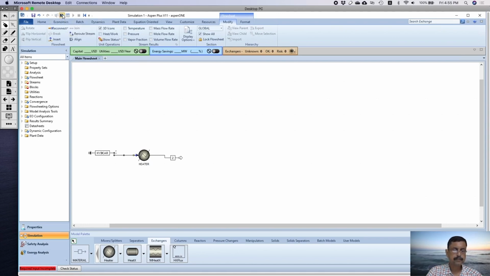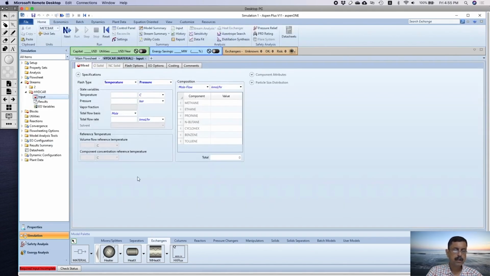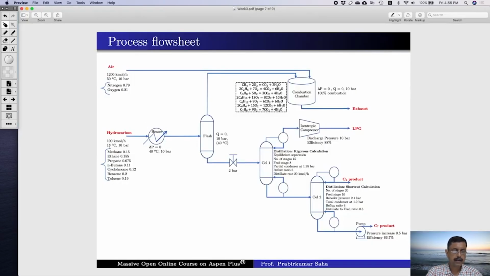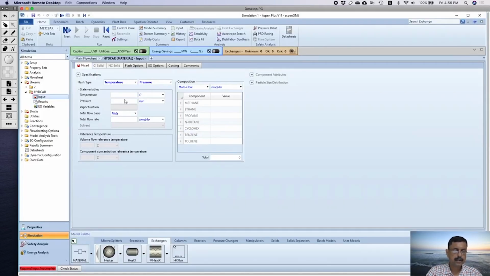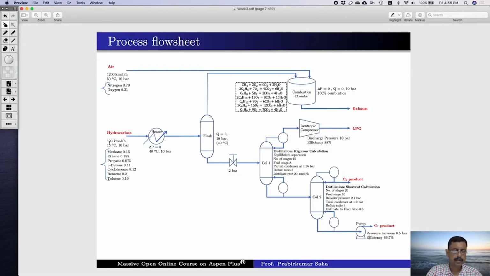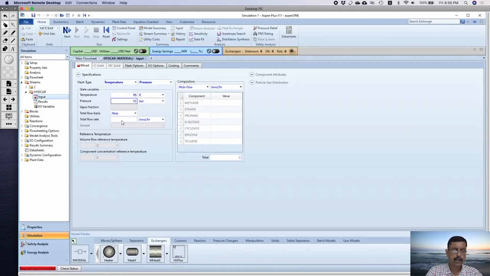So for this hydrocarbon, inputs we have to give. So what is the temperature and pressure? It is 15 degrees centigrade and 10 bar pressure. And flow rate 100 kilomole per hour. So we write 100 kilomole per hour.